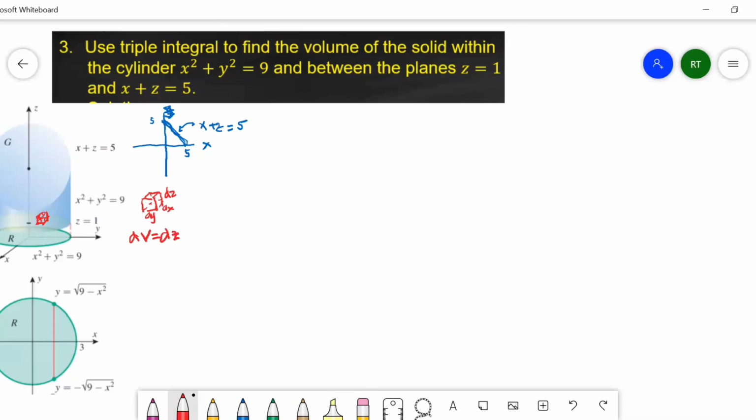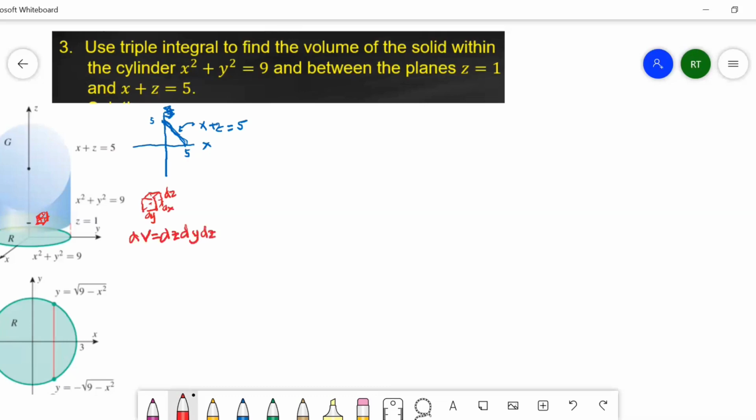Then we decide whether it is vertically simple or horizontally simple. We may take it as dy dz or dx dz. Let us just have it as vertically simple, dy dz.